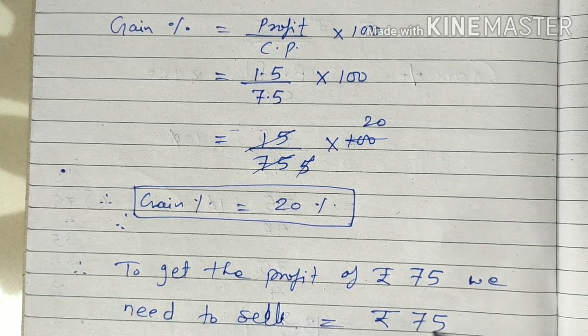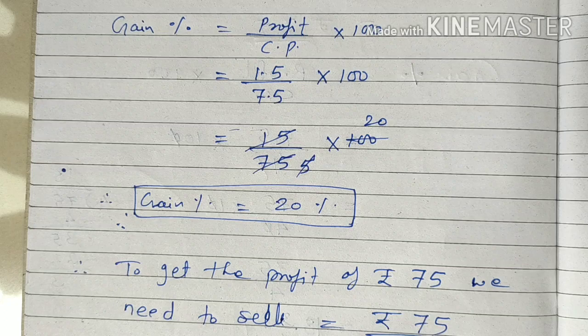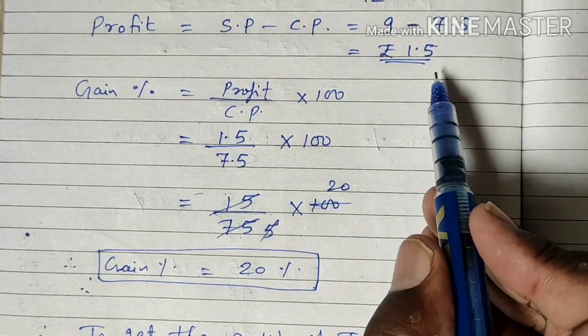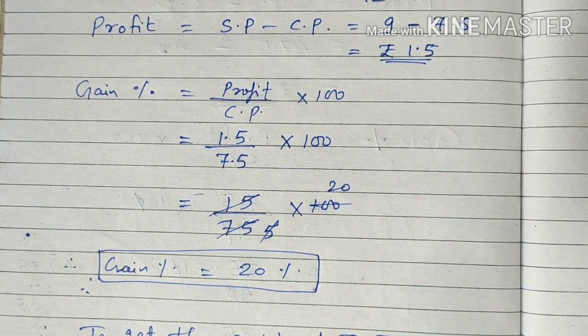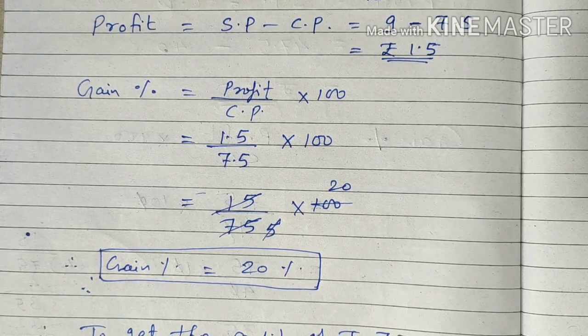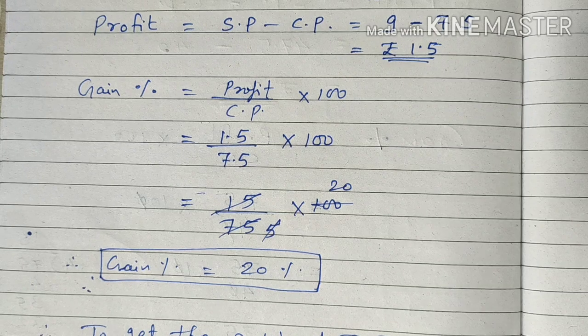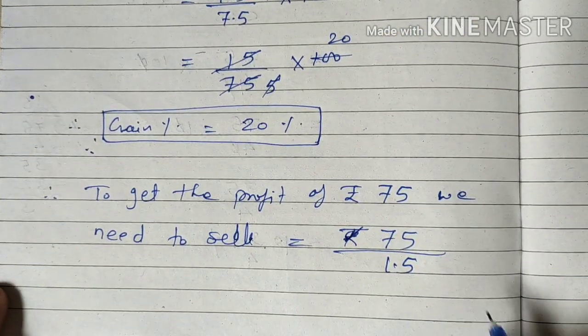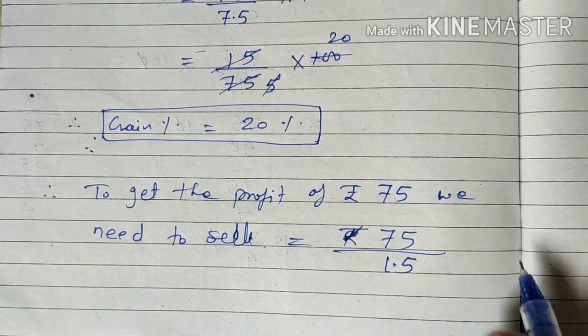Rupees 75 divided by, what is the profit of one? Rupees 1.5 is the profit of one article. So we can write here 1.5. Both are rupees, so no need to take units for calculation. So we can write it in this way, 75 upon 1.5.